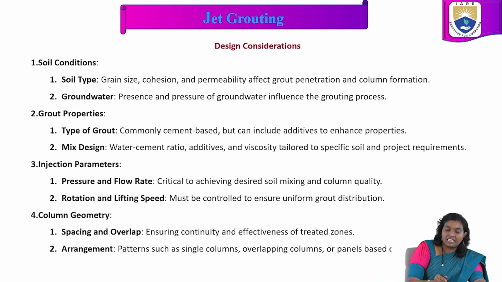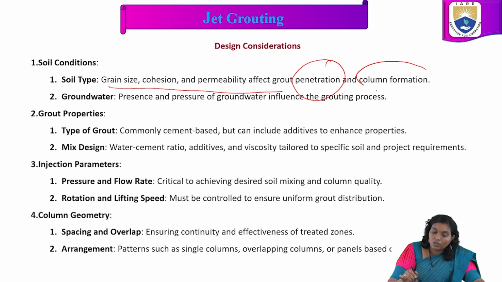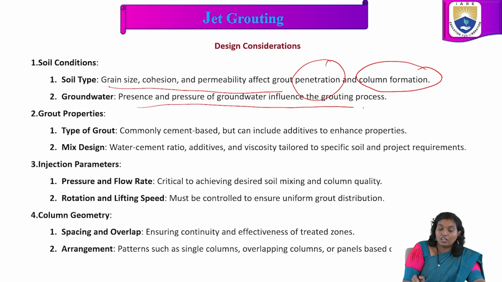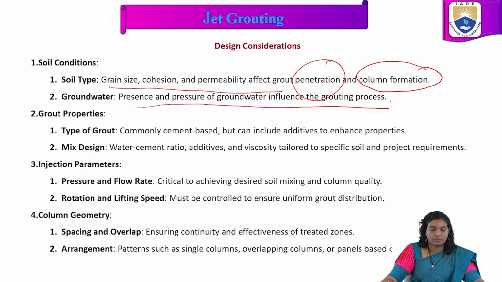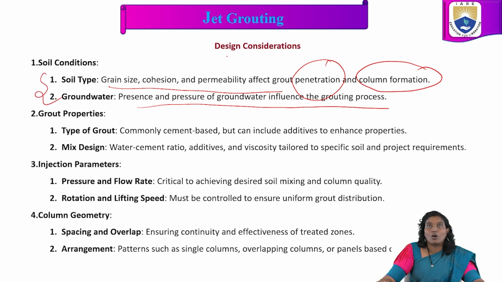These are the important parameters for grout penetration and column formation. Groundwater presence and pressure also influence the grouting process. These are the soil conditions considered in the design of the jet grouting process.